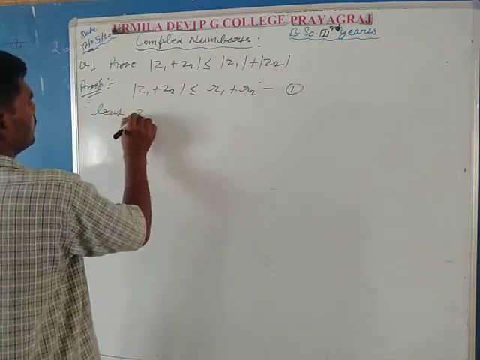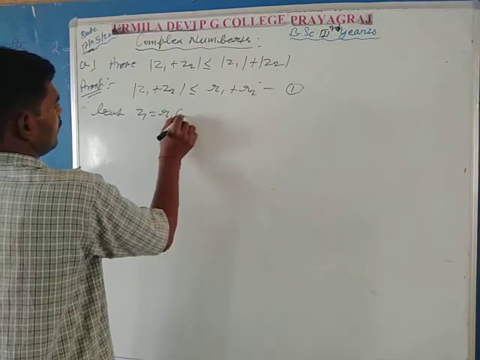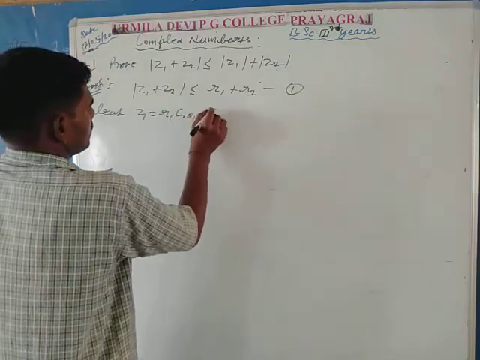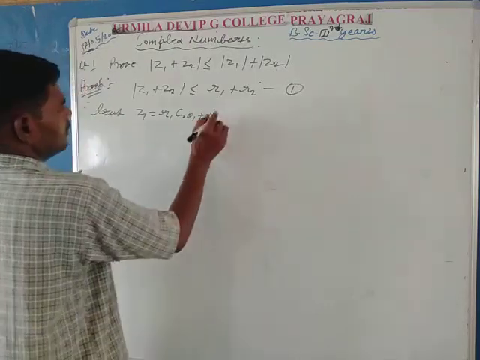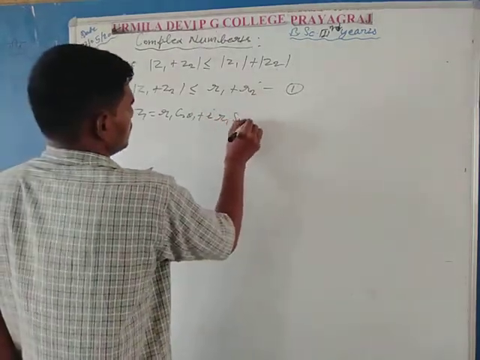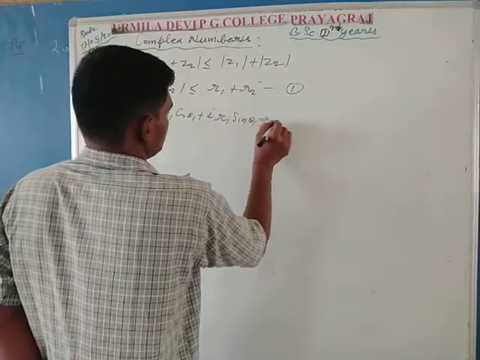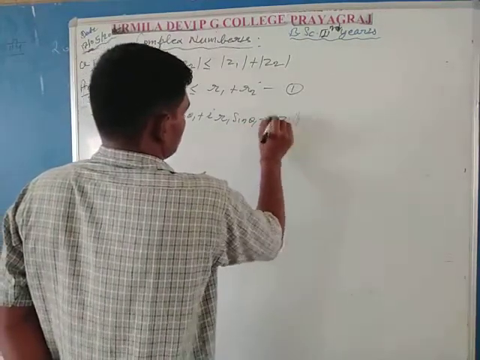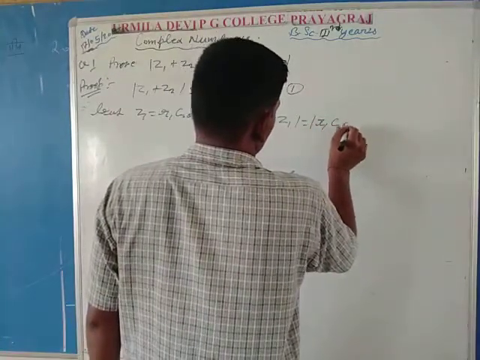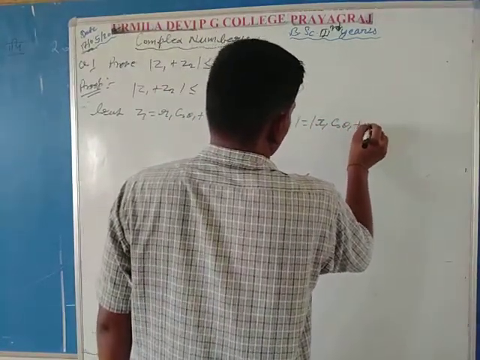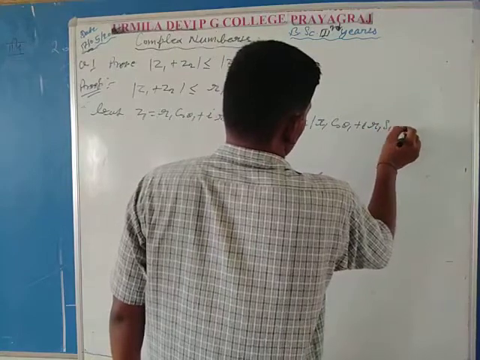We already know that z1 is equal to r1 cos theta 1 plus i times r1 sin theta 1. It implies mod of z1 is equal to mod of r1 cos theta 1 plus i times r1 sin theta 1.